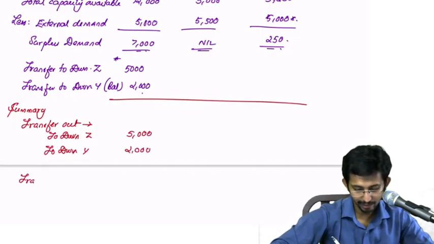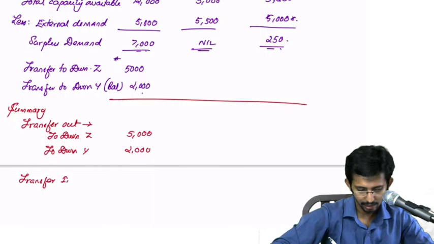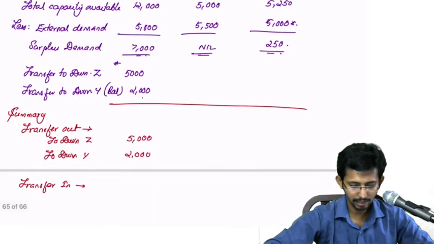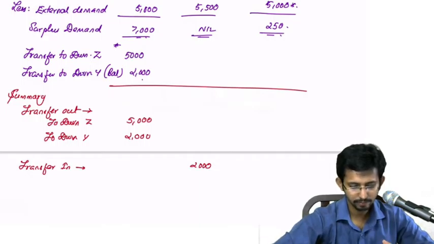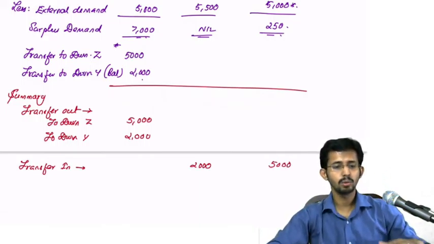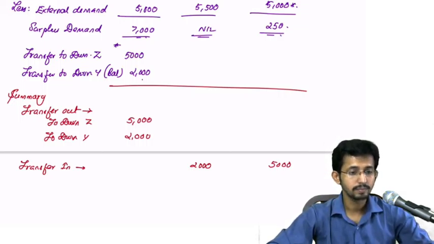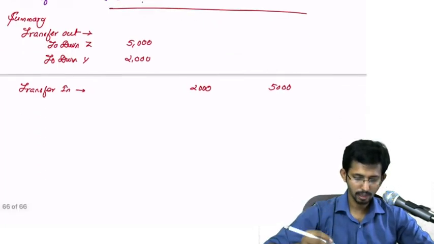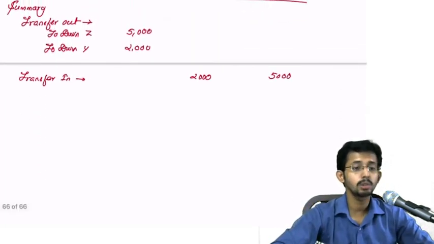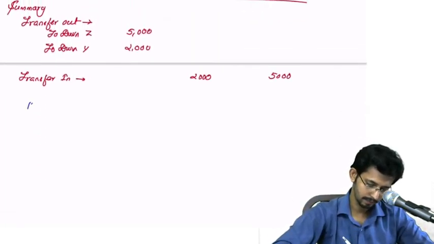Then transfer in means receipt from other divisions. Here how many you are getting? 2000 you are getting from X. Here you are getting 5000 from X. So that is the plan. Now what you have to do? You have to take a decision with respect to whether the capacity should be increased or not.